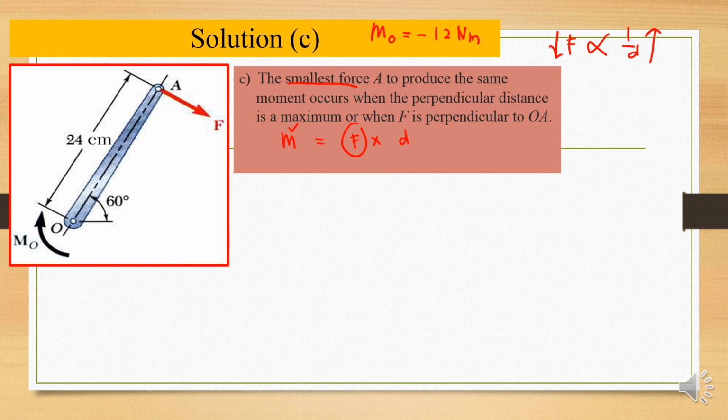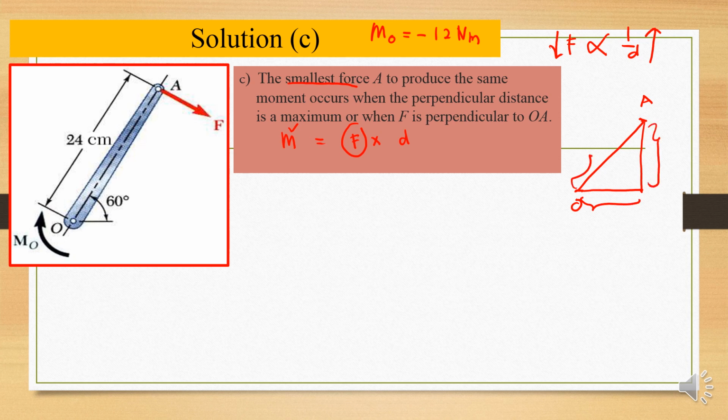If we draw the diagram again, here is the reference point, and the force should be at point A, but we don't know the direction, whether it's supposed to be vertical, horizontal, or something else. So we just make it like this. Looking at this, the perpendicular distance from point A towards O can be three ways, this one, this one, or this one.